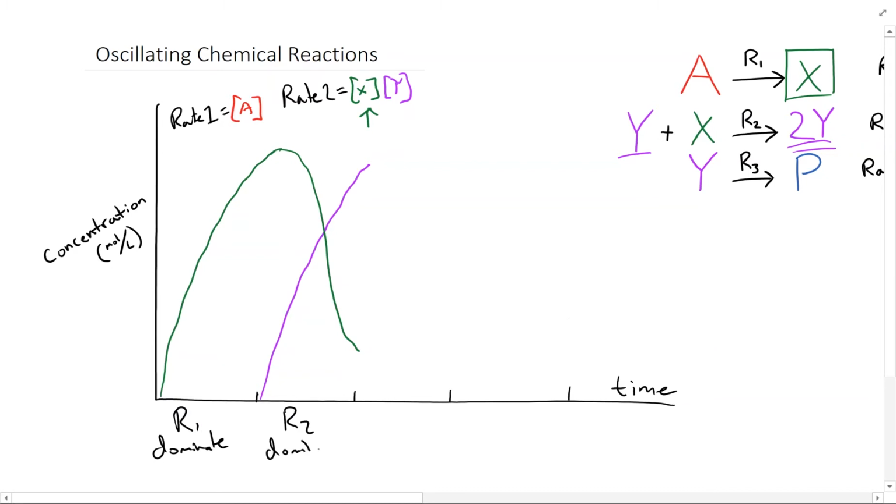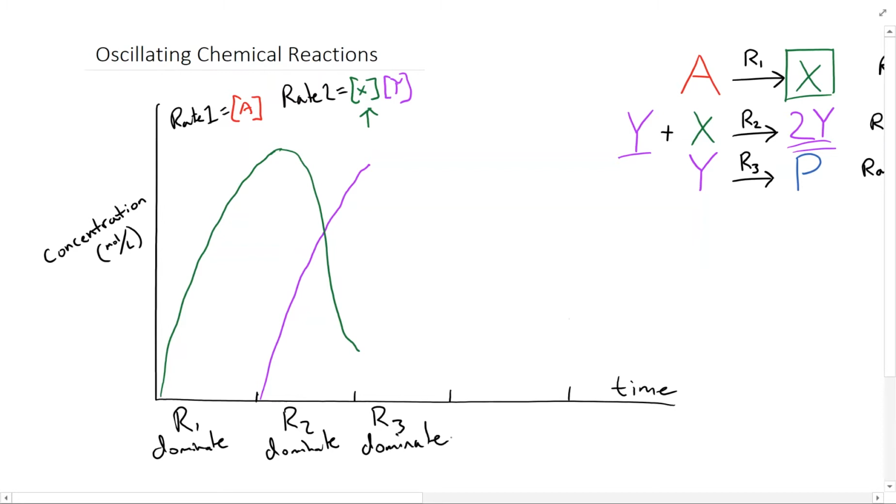And don't forget, also we have so much X around that R1 is actually even going to slow down because there's more product, which of course pushes the equilibrium in the other direction. Now, at this point, right here, we now have quite a significant amount of Y, because as you look at the graph here, the purple part, the graph of Y is quite high. So when the concentration of Y is quite high, R3 is going to dominate.